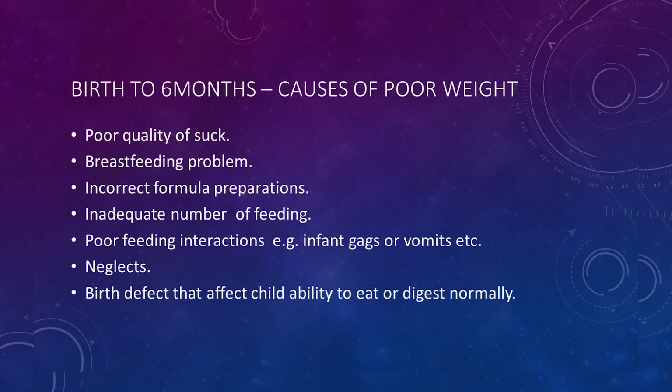Breastfeeding problem, the mother does not have knowledge of breastfeeding, she is not able to feed the baby properly, or the number of feedings is also less, and that may also cause underweight of the baby. Then incorrect formula preparation, where external, artificial milk products are given to the baby and the formulas are incorrect, that again may cause underweight of the baby.